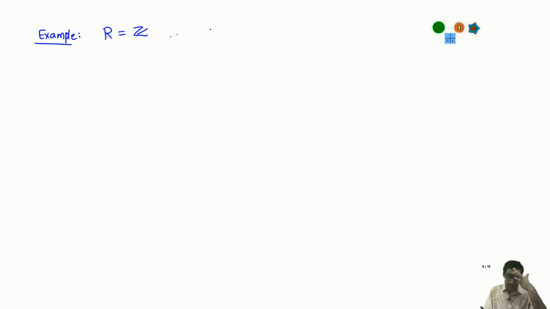Okay. So let's take R equals Z, and let me say I want to look at M, which is a module over Z, according to my second definition. Okay, so by the second definition, what does that mean? Suppose M is a Z module according to my second definition, that just means, what am I given?